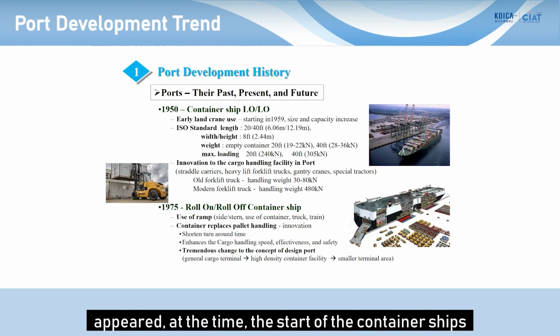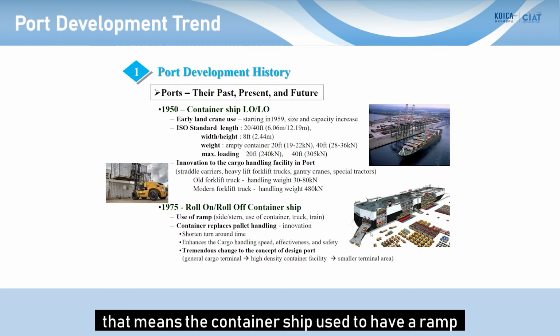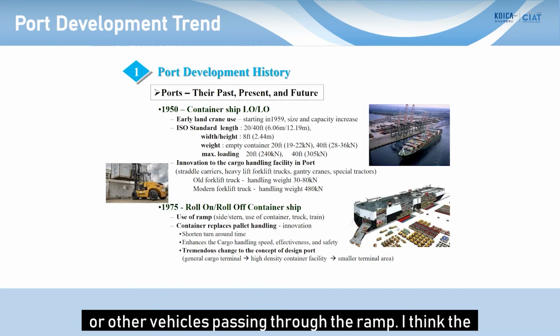At the time of the start of the container ship, lift-off based cargo handling work was applied. In 1975, roll-on container ships appeared. That means the container ship had a ramp, and the driver drives the container tractors or other vehicles passing through the ramp.